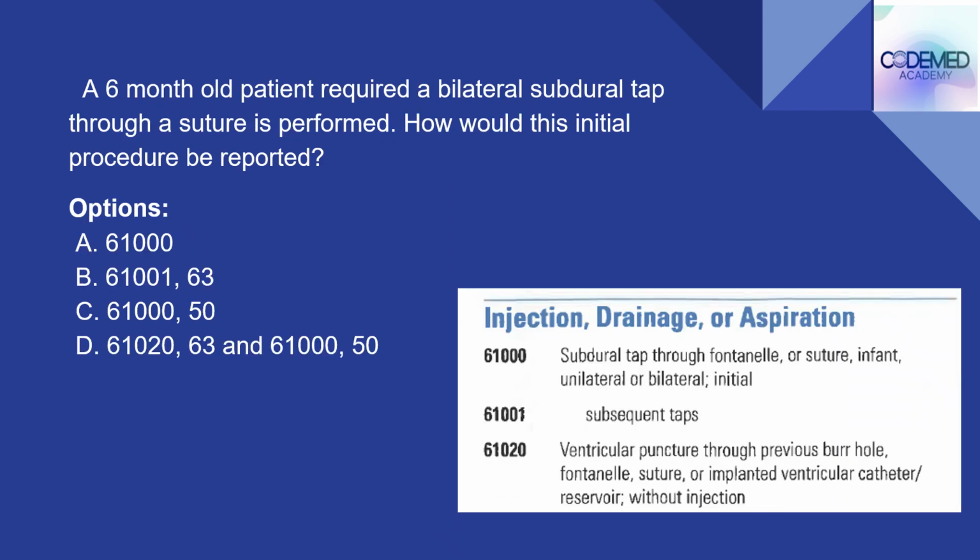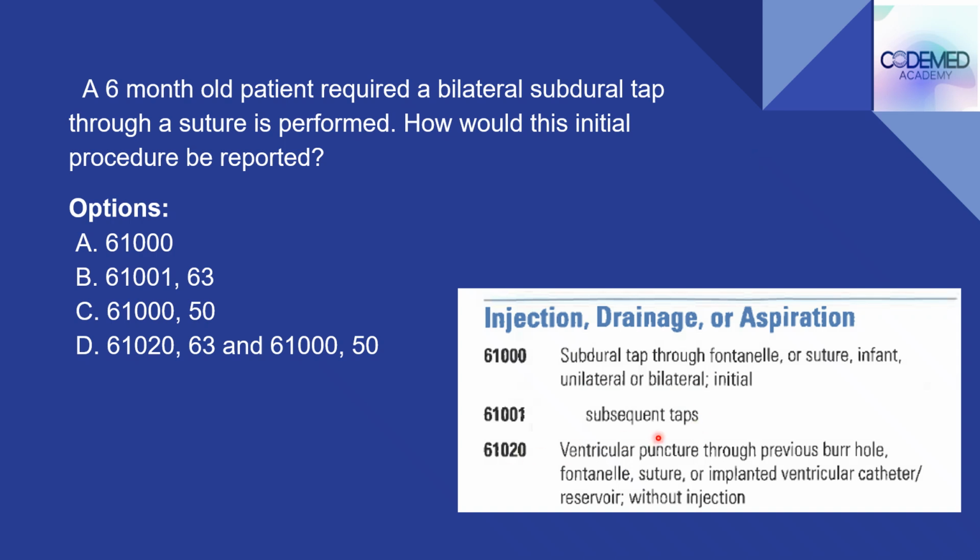A 6-month-old patient requires a bilateral subdural tap through a suture. How would this initial procedure be reported? And we have the various codes. So it is a bilateral subdural tap. Now, if we look at the code, we need to find out whether it is a subsequent tap or the first tap, and there is no mention of the word subsequent.